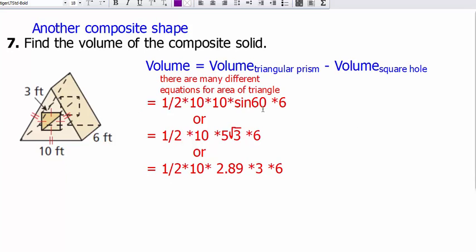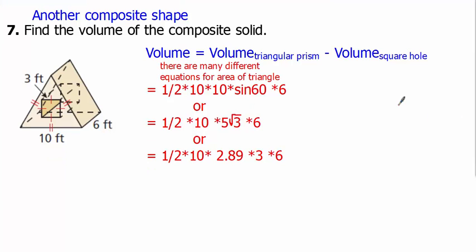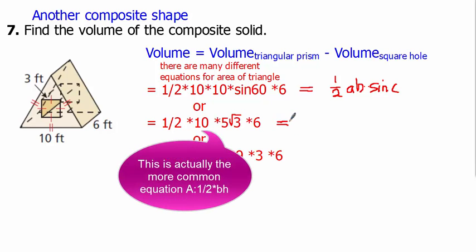So this top equation comes from 1/2 times A times B, two sides, times the sine of the angle in between it, which would be C. We did that a couple weeks ago. This equation here, how do we get 5 square root 3 so fast?